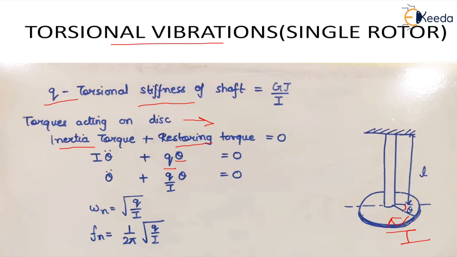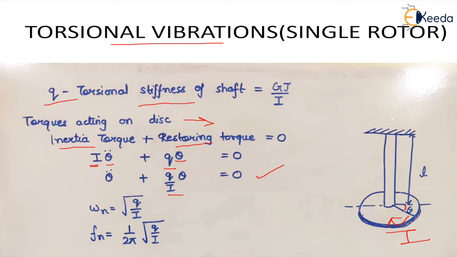It is basically mass into acceleration, but because torsional movement is there, it becomes moment of inertia into theta double dot, which shows the angular acceleration. So if we take everything to one side, I theta double dot plus Q theta equals zero, this is how the equation looks.